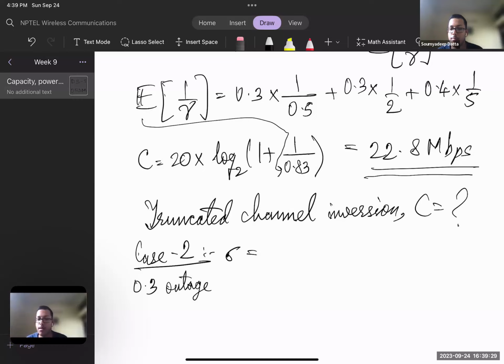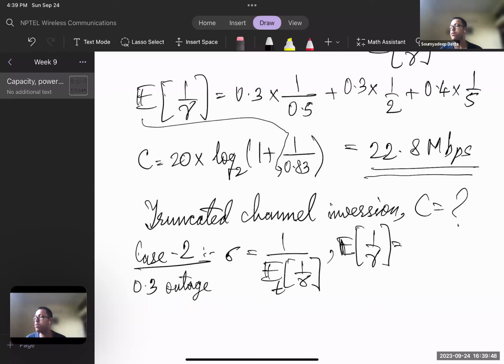The formula still says the same, 1 by the expected value of 1 by gamma, but it's not a full expectation, it's a truncated expectation. What is this expectation over 1 by gamma?